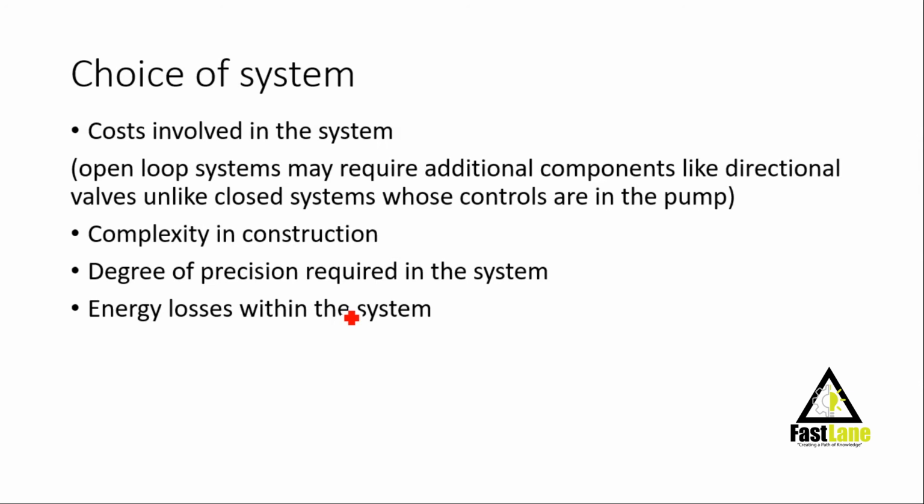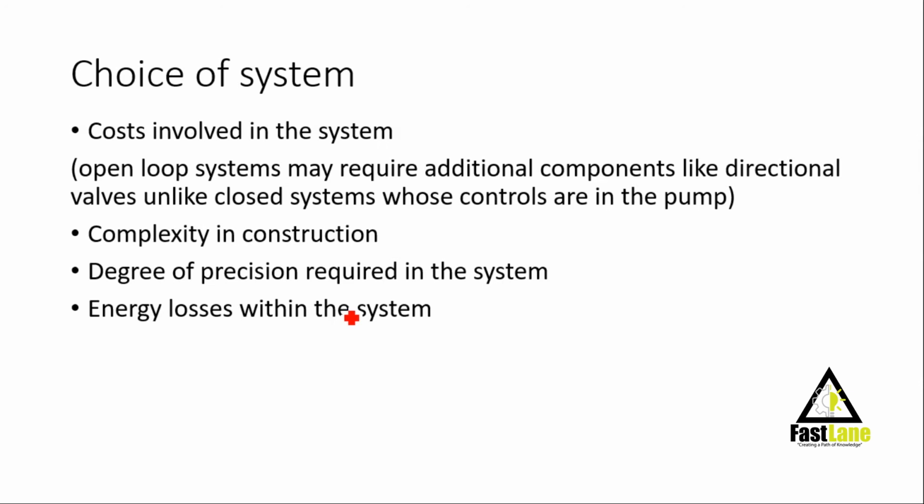Then we look at energy losses within the system. When we talk about energy losses, we look at components. How many components are in the system? Of course, in the open loop system, we have extra components like the relief valve and directional control valves. We have more pipes running here and there.